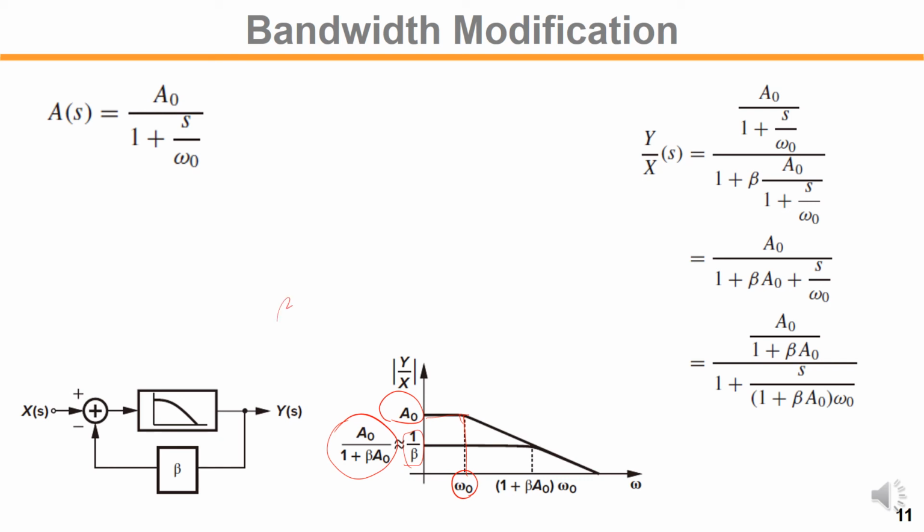Beta here is less than or equal to 1. Beta of 0 is the obvious case: if beta is 0, then there's no feedback. So 1 over beta is greater than or equal to 1, right? Now the bandwidth is 1 plus A0 beta times omega 0. So the bandwidth is expanded, right?